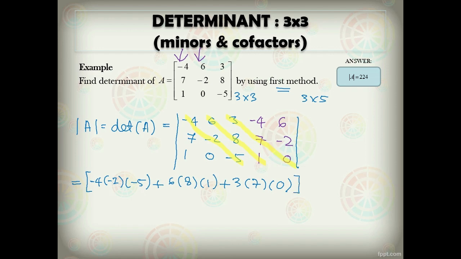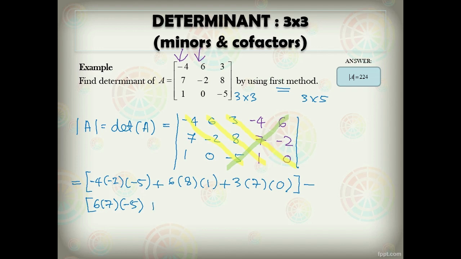Then we subtract, opening a new bracket, the product of this diagonal: 6 multiplied by 7 multiplied by minus 5.